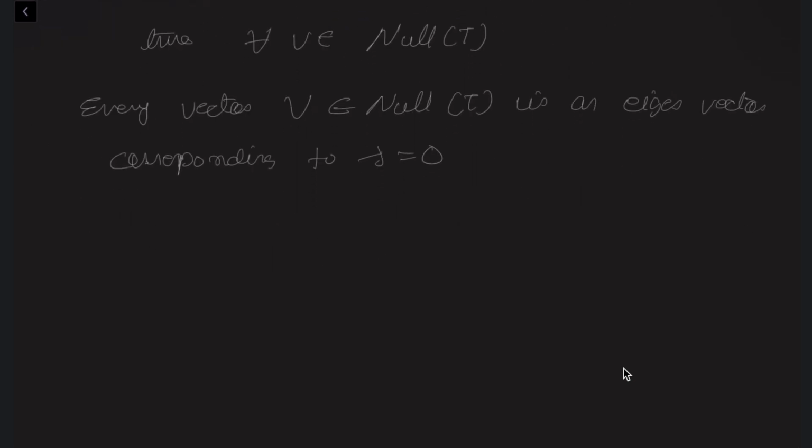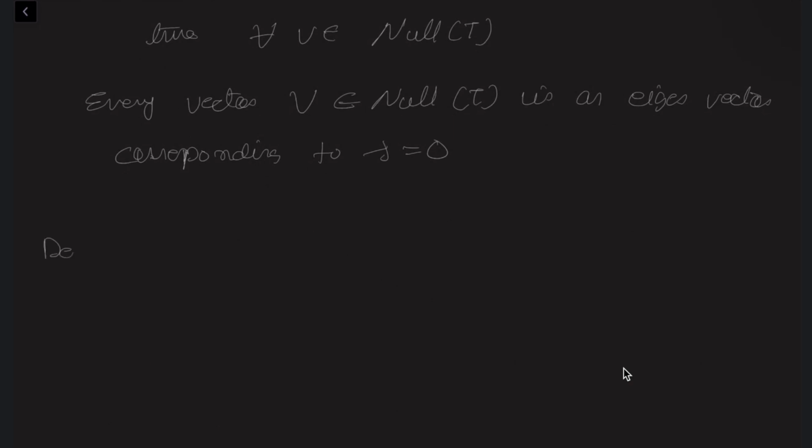So now let me give one more definition of what we mean by an eigenvector. This was the eigenvector I talked about in terms of the linear transformation. I'll now write the eigenvector in terms of a matrix also. Let A be an n cross n matrix.